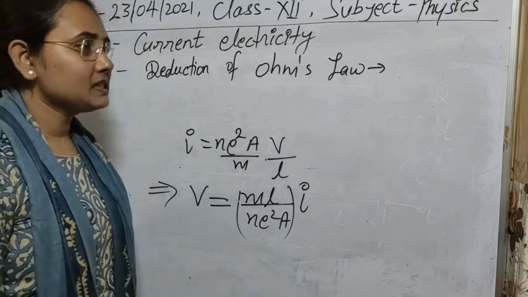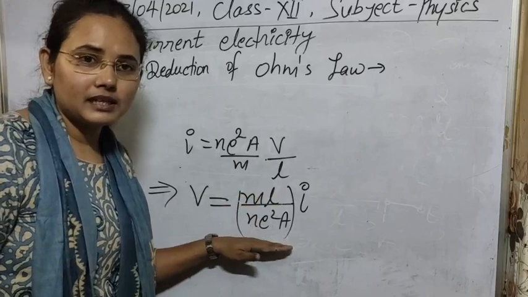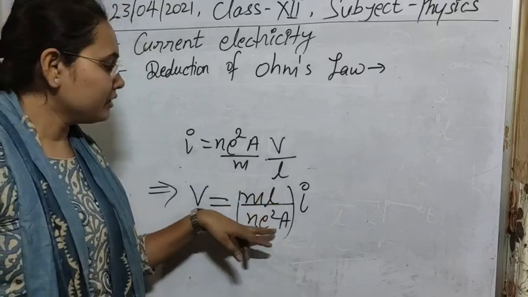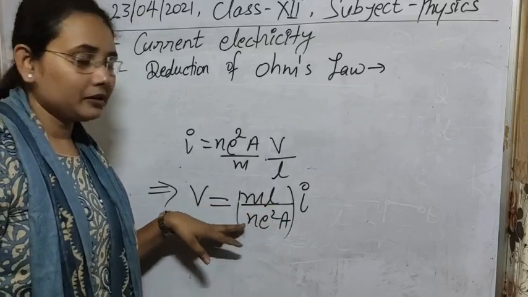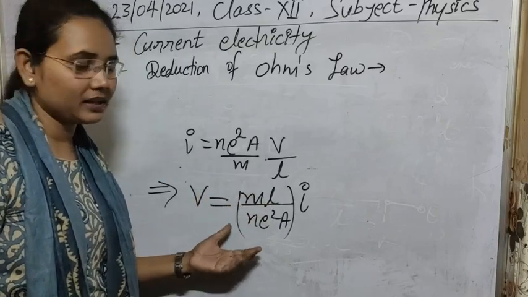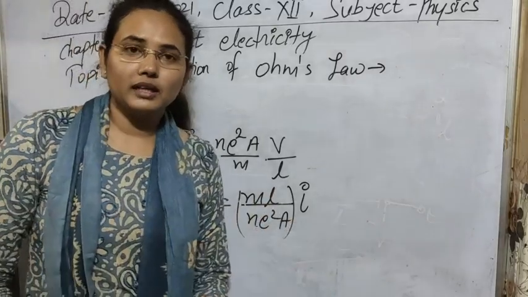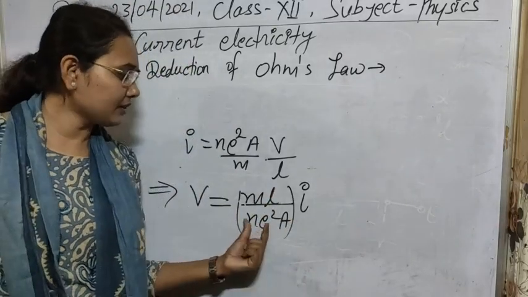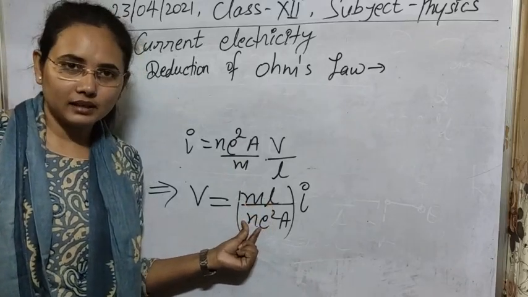Clear? So it means that if we keep all these factors constant, meaning the physical conditions, we are just keeping them constant. Physical conditions mean its area and length we are keeping constant, and the mass and charge that we have taken are already constant. And also one more thing we have to keep constant is temperature, because if temperature increases, then due to the increase in temperature, this small n will increase or decrease.